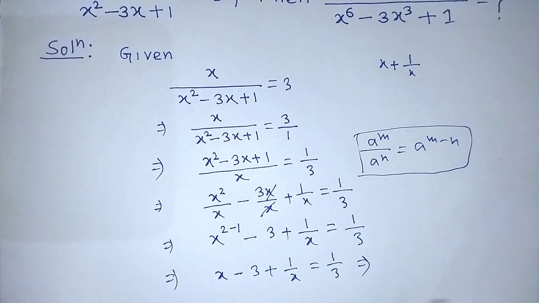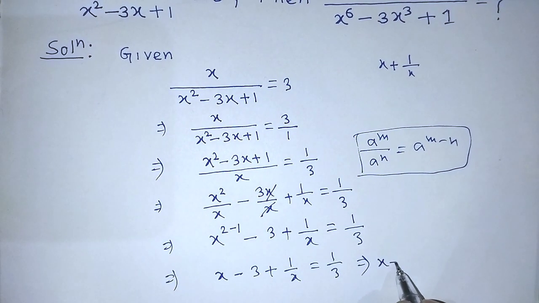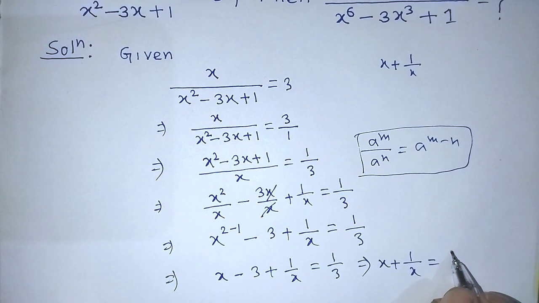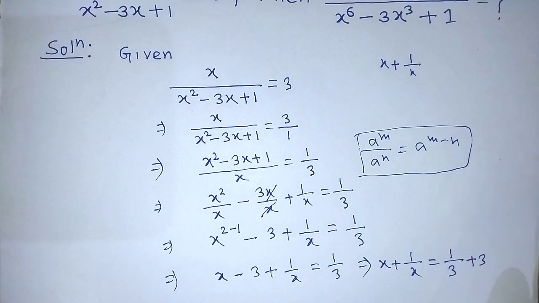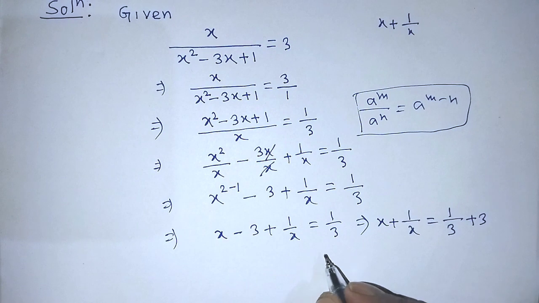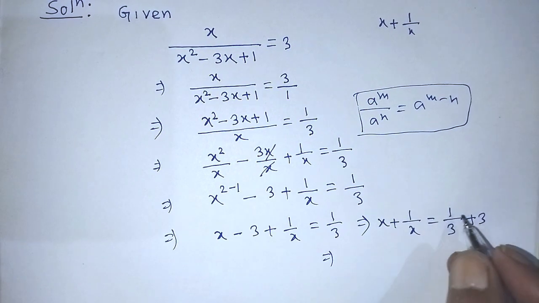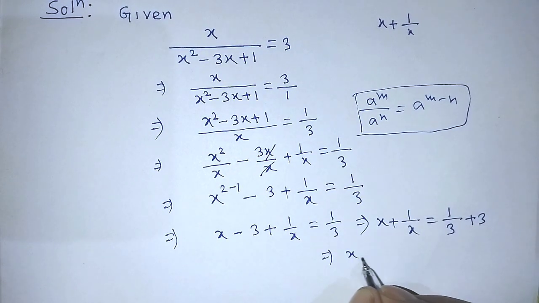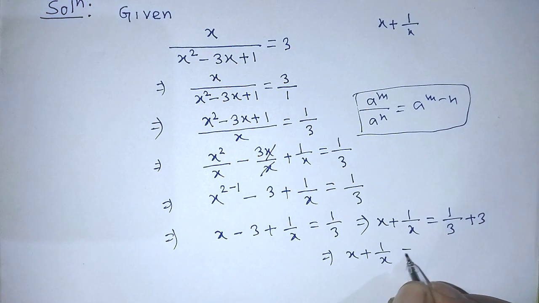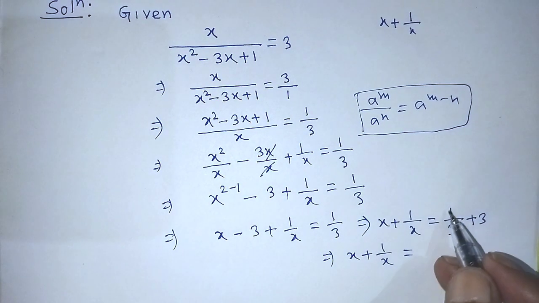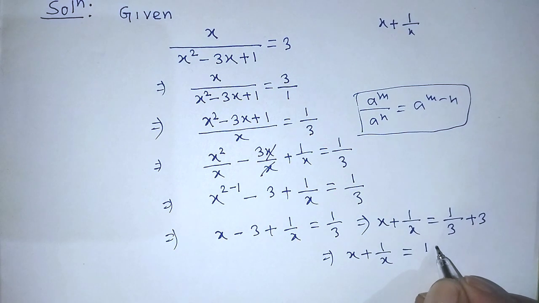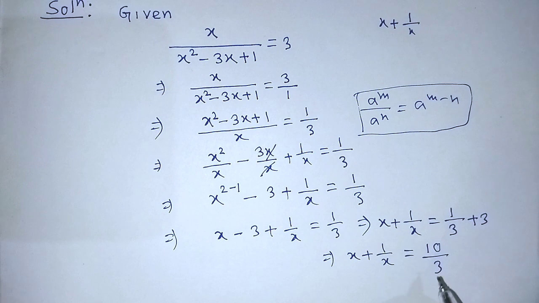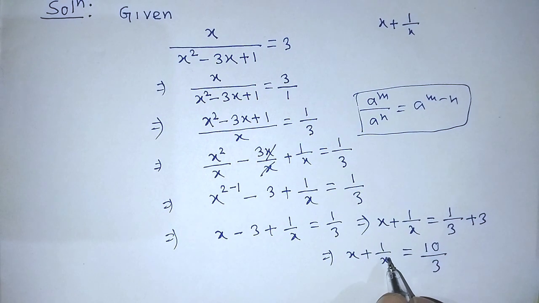So on the left hand side we write x plus 1 over x is equal to, on the right hand side, 1 over 3 plus 3. After calculation we can write x plus 1 over x is equal to 10 over 3. Okay, so this is the value of x plus 1 over x.